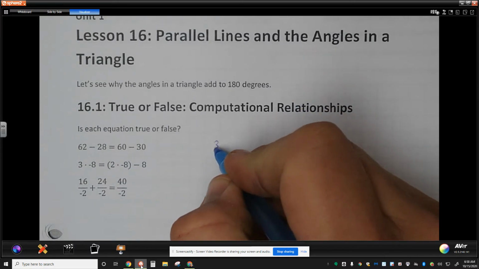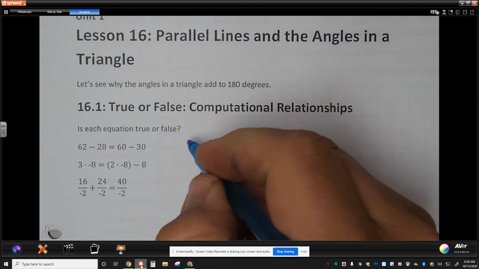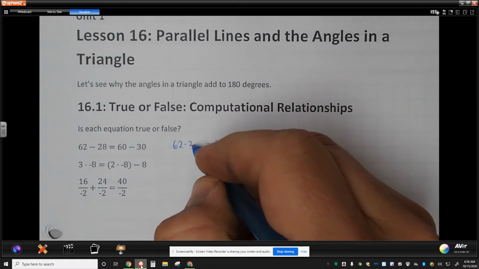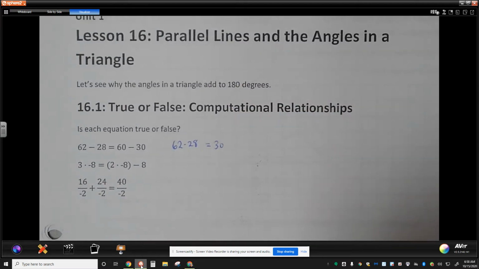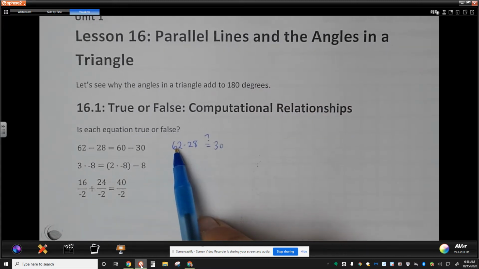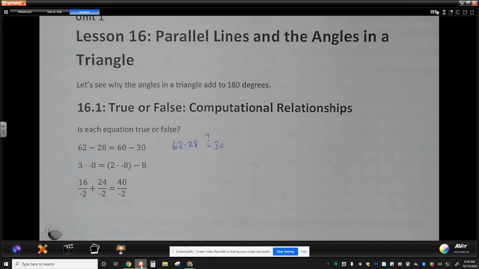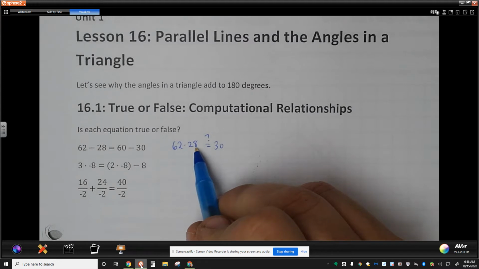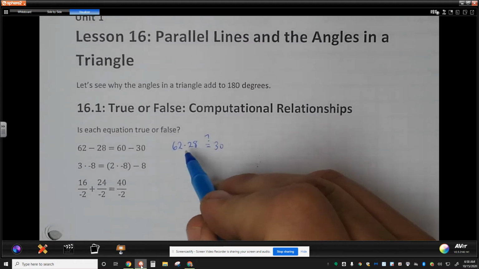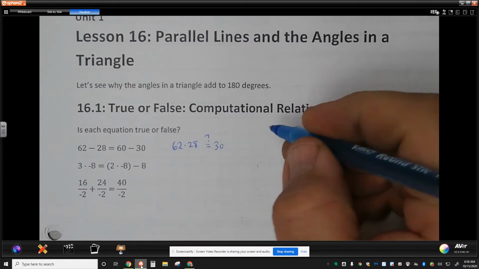I know that that is 30. The question is then, is 62 minus 28 also 30? So we're wondering if that's true. I know that if I take 62 and I subtract 20 from it, I end up with 40. But then I take the 8 from the 2, it's a little bit of a different value, so I actually need to be regrouping here.